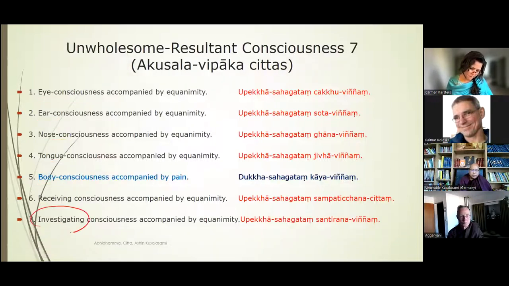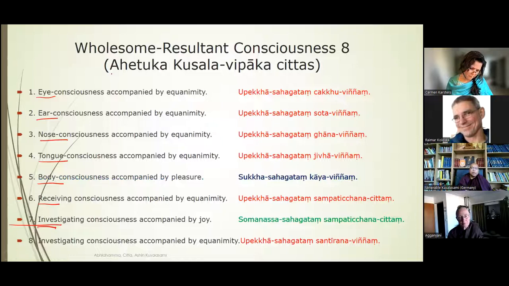Here, investigating consciousness is accompanied by equanimity only. But in wholesome resultant consciousness, there are 2 investigating consciousnesses. One is accompanied by joy, one is accompanied by equanimity. There is a lot to talk about this, and you will have to learn more about it in the 4th chapter.